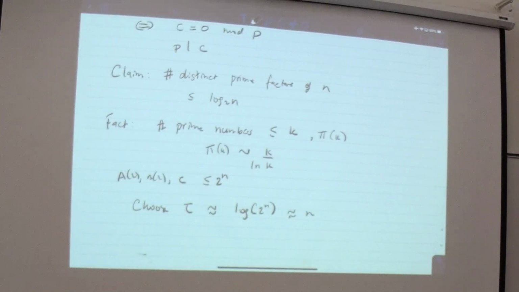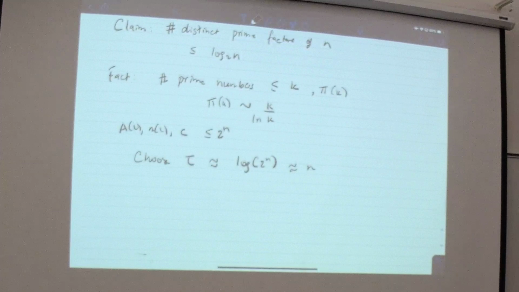Another fact about prime numbers: if you take any number k and take 2k, there's always a prime number between k and 2k, for any value of k. This is called Bertrand's postulate. It was proven many decades ago, so it's just a fun fact. So you choose some number around the log of 2 to the n, so roughly around n.